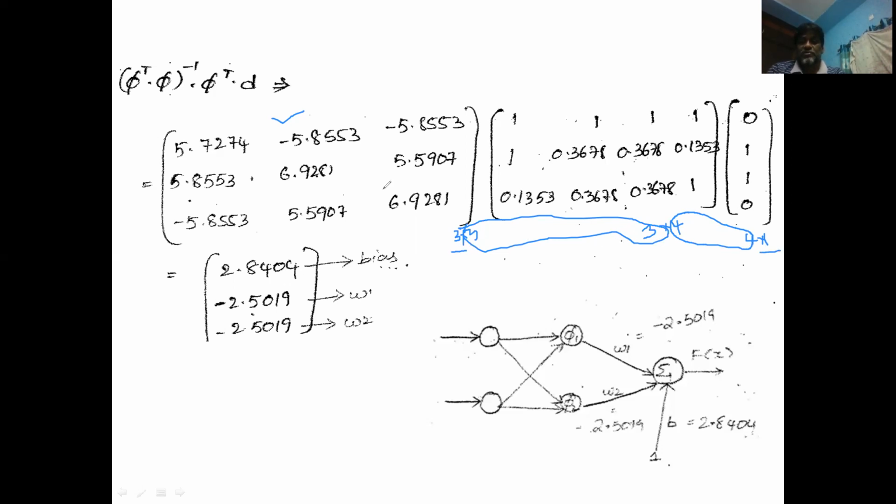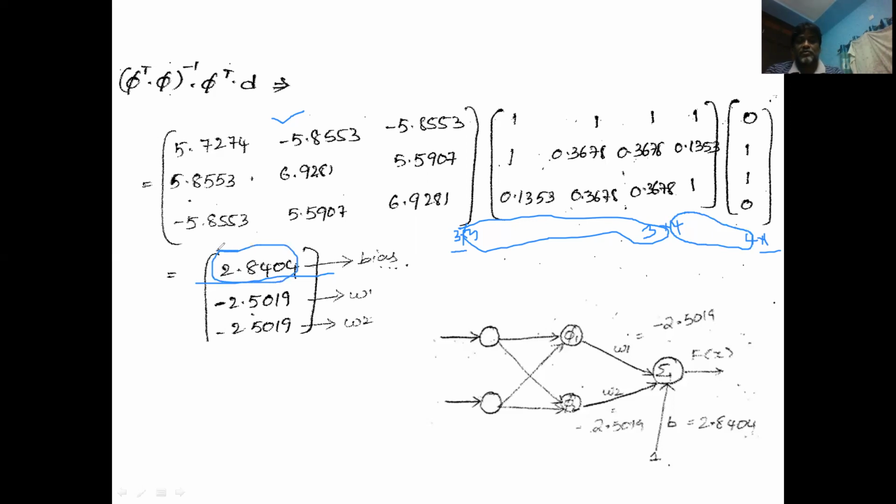After performing these multiplications, you should get these values: 2.8404, minus 2.5019, minus 2.5019. As I explained, because we took all the biases once as first column of the corresponding interpolation matrix, you should consider that first value as bias.